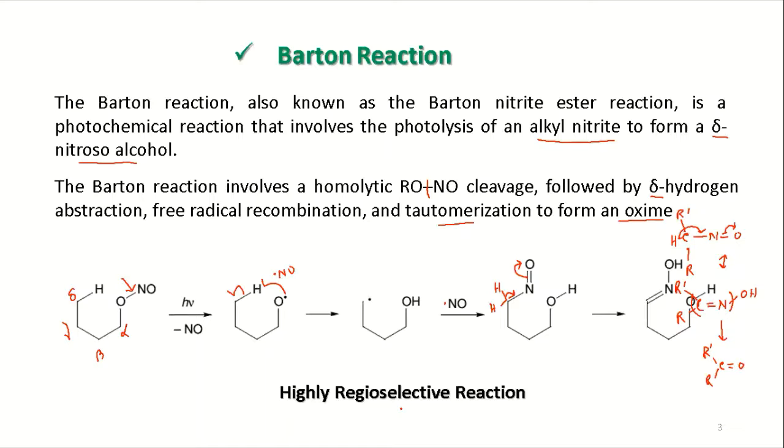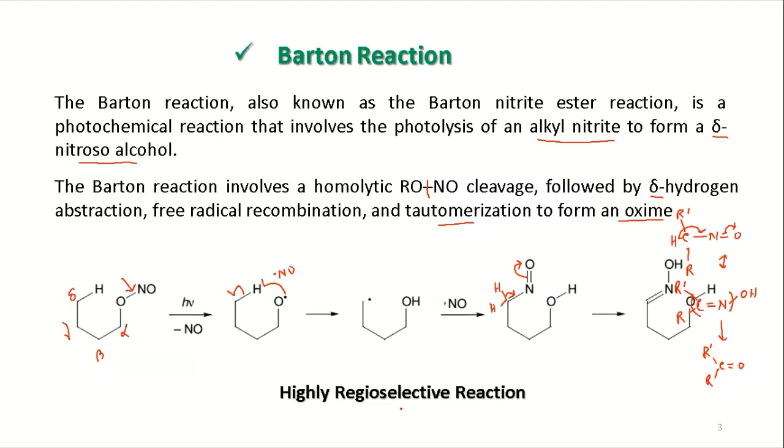You may have the delta carbon having hydrogens of different types, which may or may not be in the same direction as the alkoxy radical, but the abstraction of hydrogen will take place only from the same direction, not the other way.